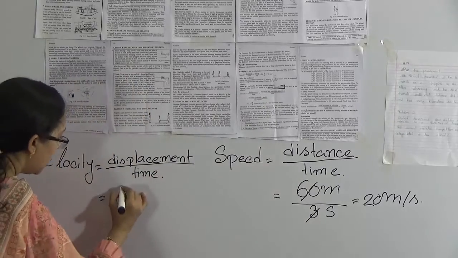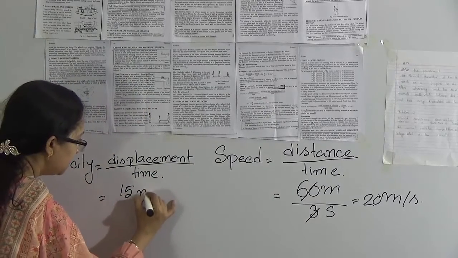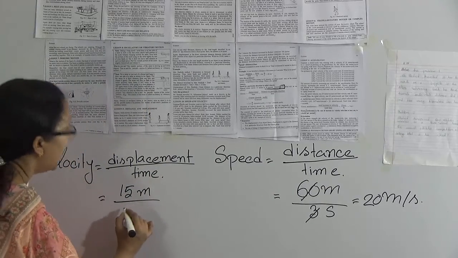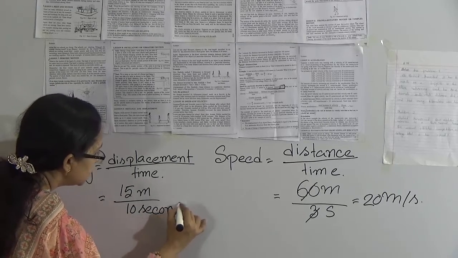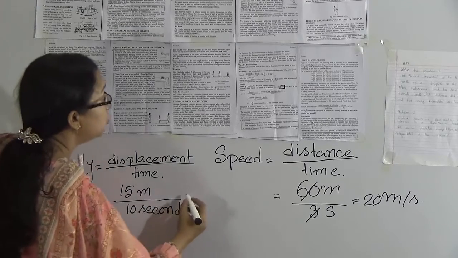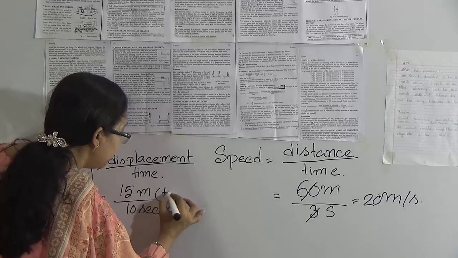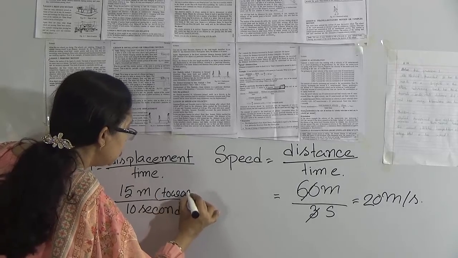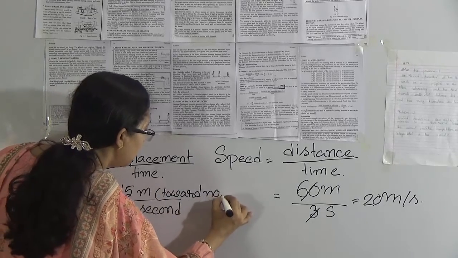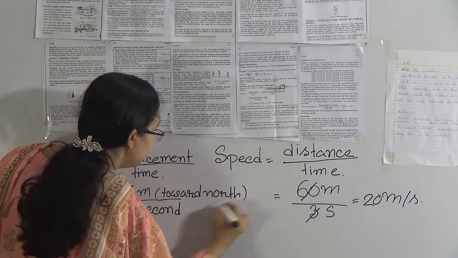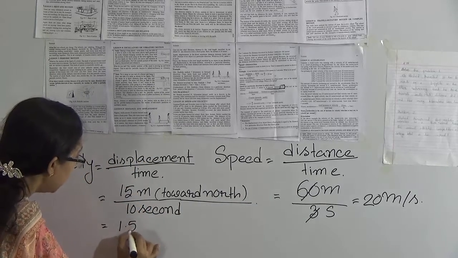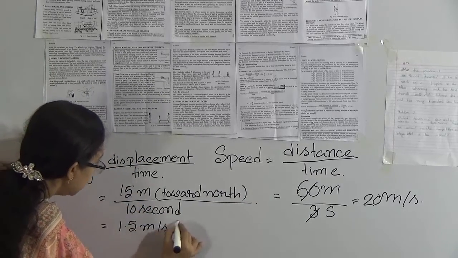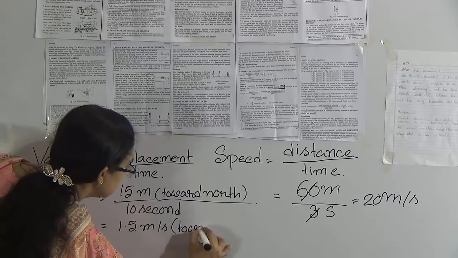Here she travelled 15 meter in 10 seconds towards north. Here we have to mention towards north. So 1.5 meter per second towards north.